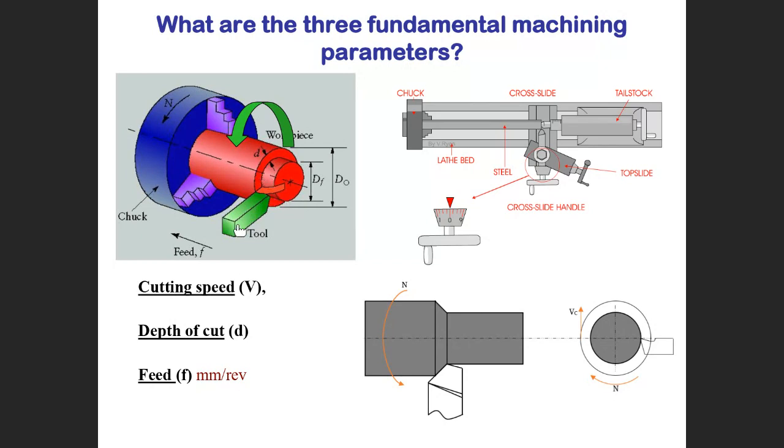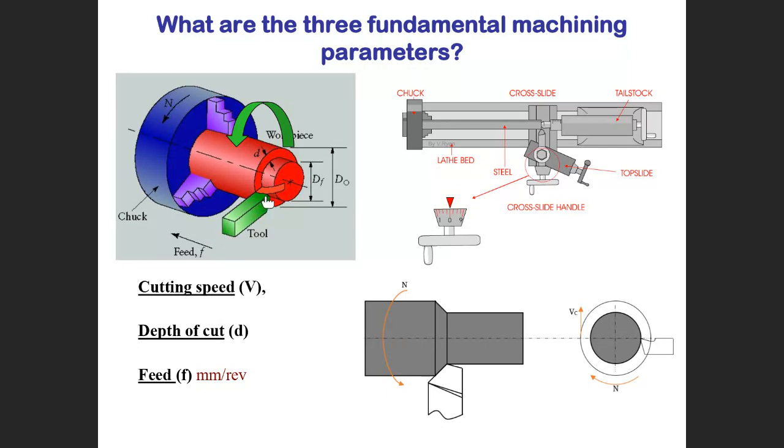And for feed, the tool must travel in this direction, which we call the longitudinal or axial direction. This is the axial direction, and this is radial, meaning radius. For depth of cut, the tool moves in the radial direction.